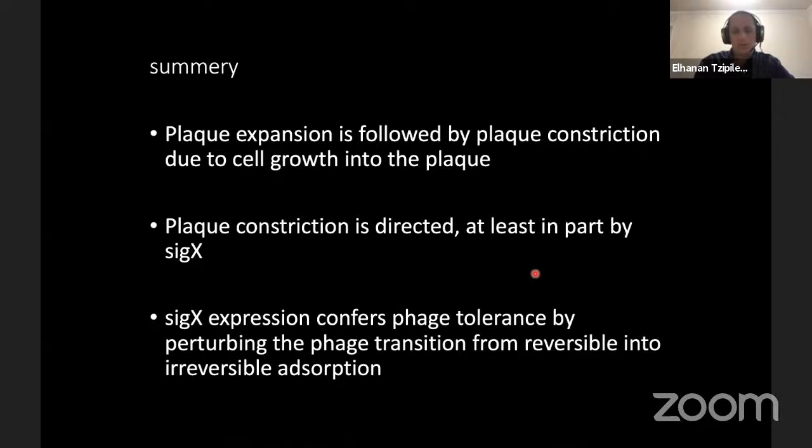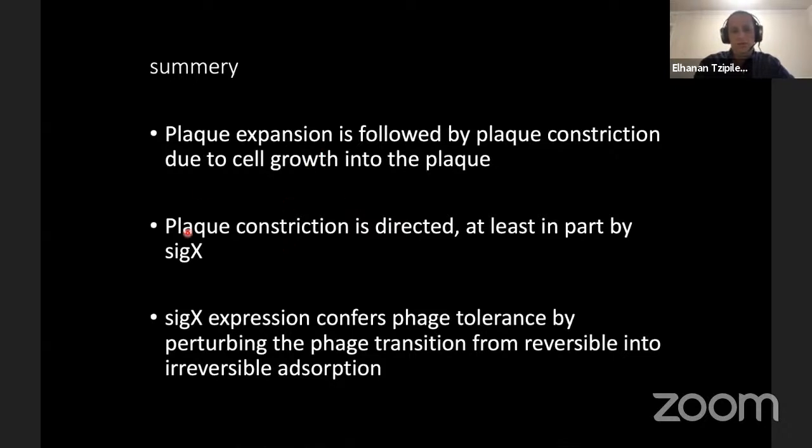So I want to summarize up to this point. I showed you at the beginning that plaque formation follows an expansion stage and then a constriction stage. And this constriction stage is due to cell growth into the plaque.